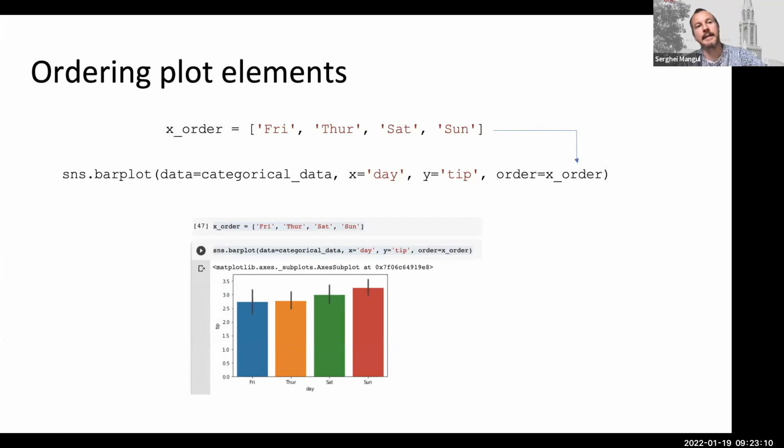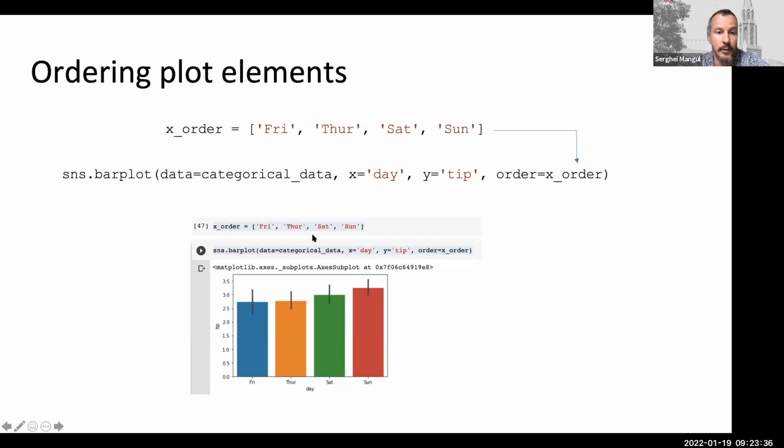So anytime you would like to use this order, you can use it because it's defined. So you can say order is equal to x_order. Whatever you call it, in this case we call it x_order, but it can be anything. So you can reuse it.